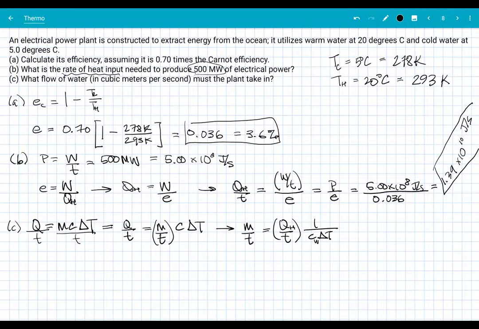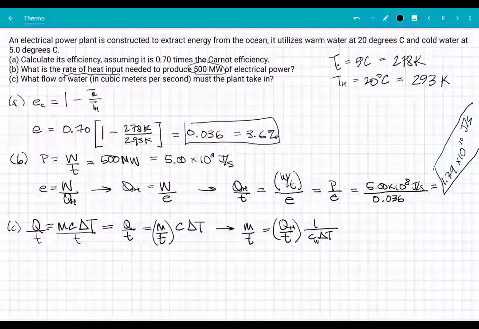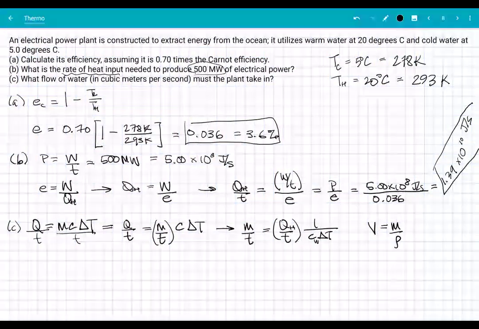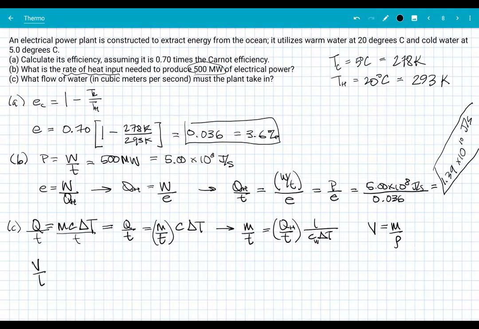So I can write it this way. Now we have Q over T, which we've already defined in part B. Delta T is the temperature difference in the water. Using the density of the water, we can easily change mass flow rate into volumetric flow rate. We remember that volume is equal to mass over density. So if I want the volumetric flow rate, it's essentially the mass flow rate divided by density.